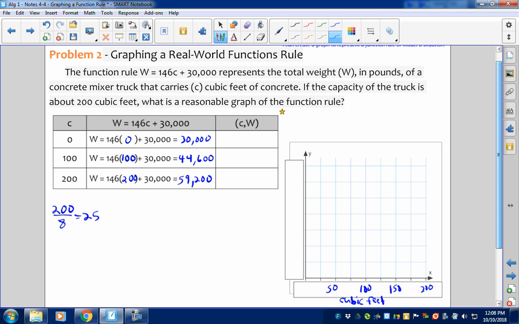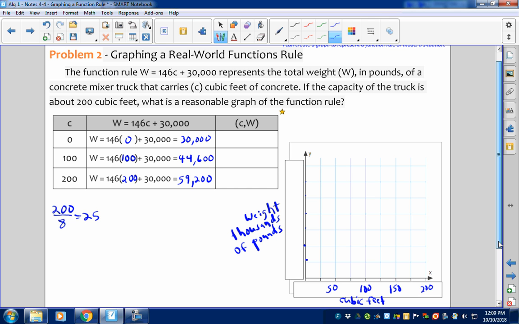If I have weight in, say, thousands of pounds along the side here, I could take 60,000 approximately and divide by 1, 2, 3, 4, 5, 6 perhaps would be a good plan there.